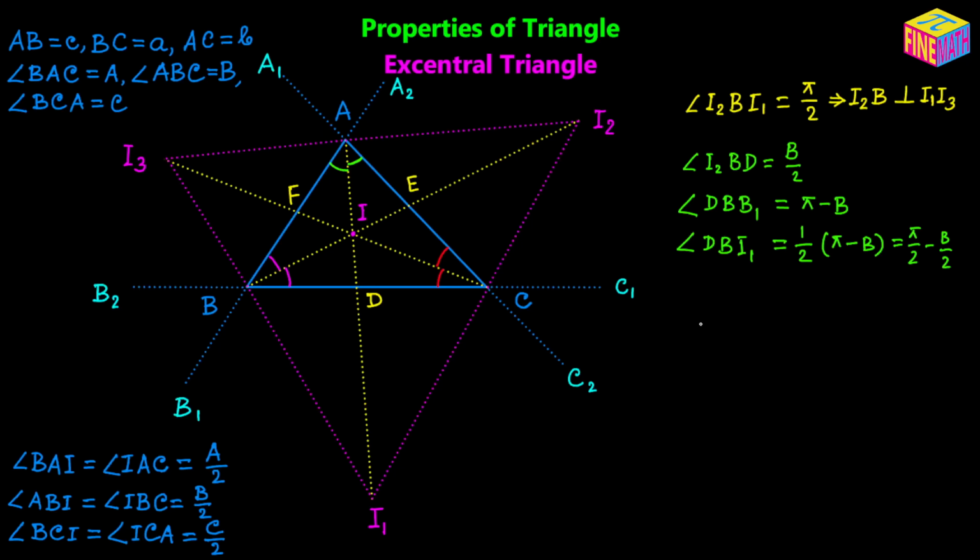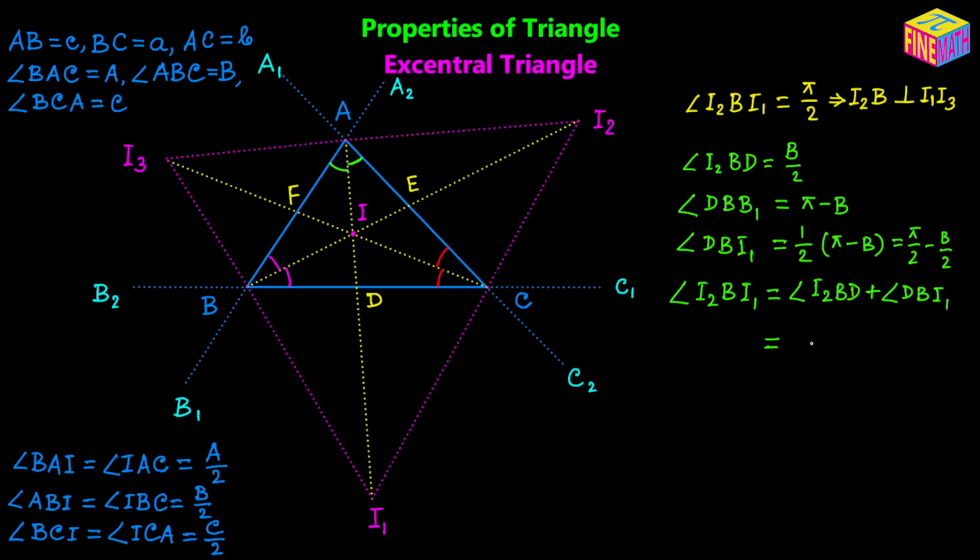Now from here, if you think about it, angle I sub 2 B I sub 1 is actually the sum of two angles. One of them is I sub 2 BD and the other one is DB I sub 1. Now we have found the values of these two angles, so I'm going to simply replace the values here.